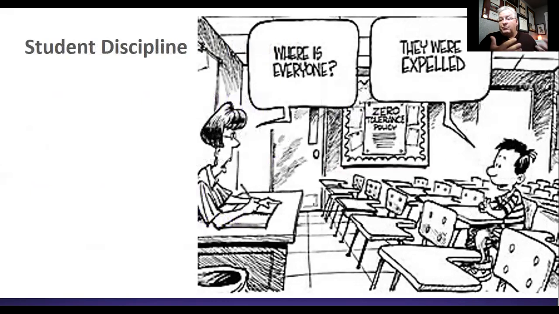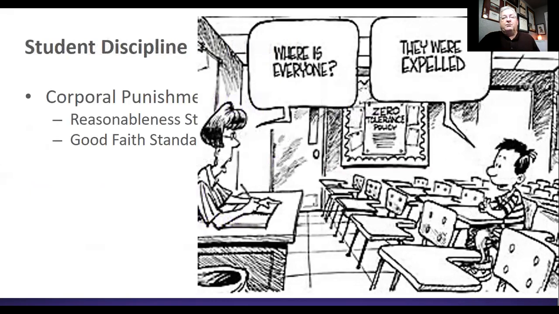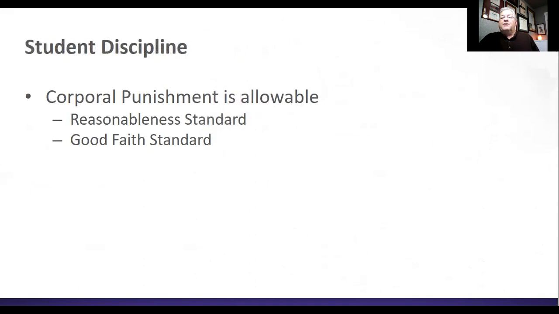So there's the big deal. Corporal punishment is allowable according to the Eighth Amendment. Now, the court also said it needs to be reasonable and administered by someone who's not motivated to inflict harm, somebody who's mad, if you will. So, good faith.